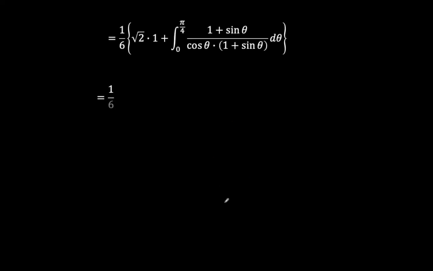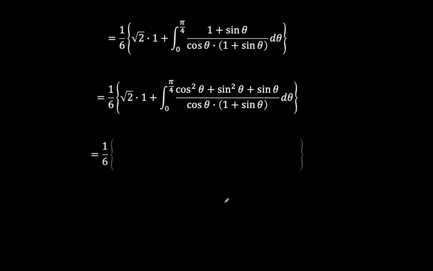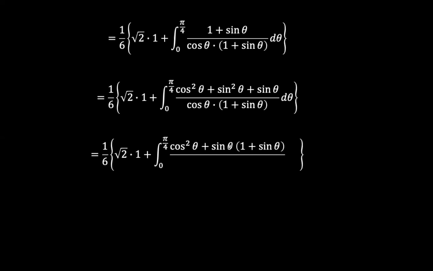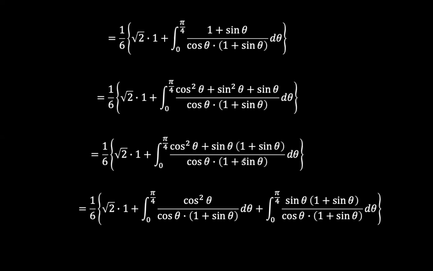And that will help us quite a bit because then it means that we can separate it into two different integrals, and we can factor out the second part where we pull sine theta out, and as you can see, these two different integrals.